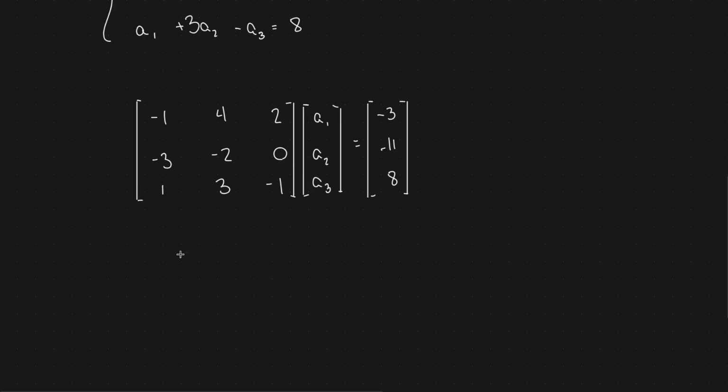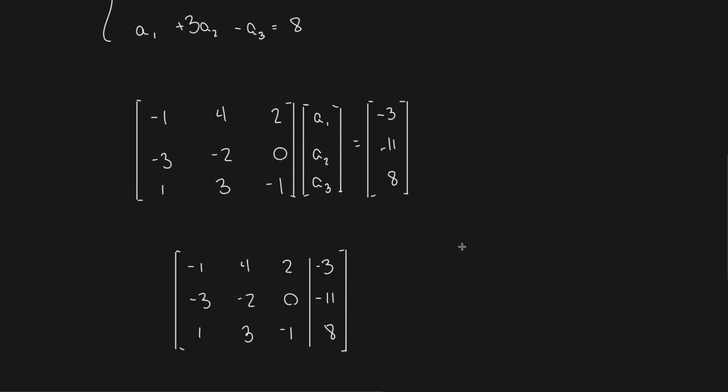Solve this, put it into augmented matrix form. My coefficient matrix is negative 1, 4, 2, negative 3, negative 2, 0, 1, 3, negative 1. And my augmented part, since this isn't all zeros, I need to make sure I add it in. Negative 3, negative 11, 8. Okay, so let's plug that into a calculator and see what we get.